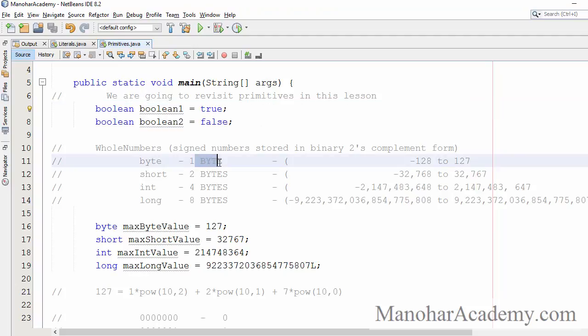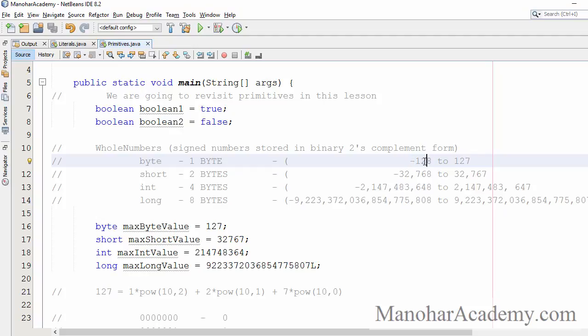So 1 byte is nothing but 8 bits, and 1 bit can have either value of 0 or 1. Being said that, we have both negative numbers and positive numbers. So the first bit is saved for the minus or plus sign. To know whether it is a positive or negative number, it will be coded using the first bit.